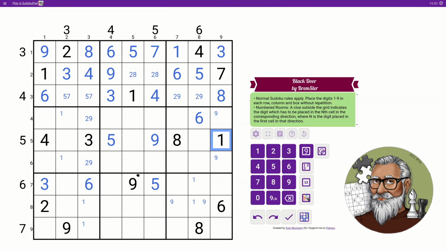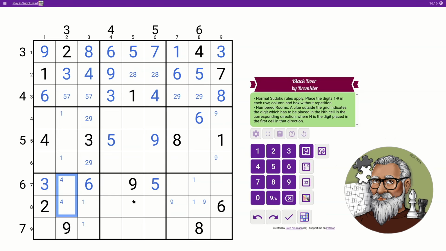Did that disambiguate anything? Doesn't look like it, does it? 4, oh yeah, 4 and box number 7 has to be in one of those two. That could be interesting. Anything else? No, doesn't look like it.